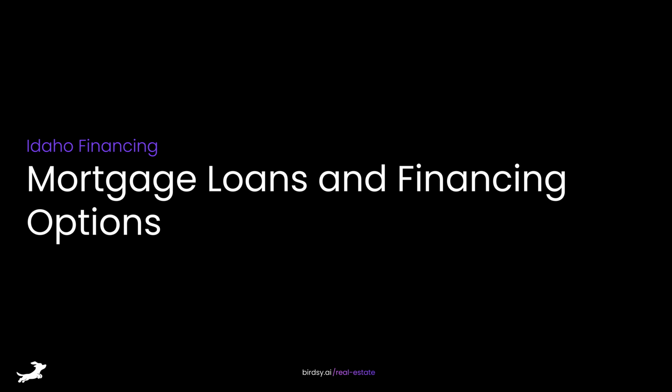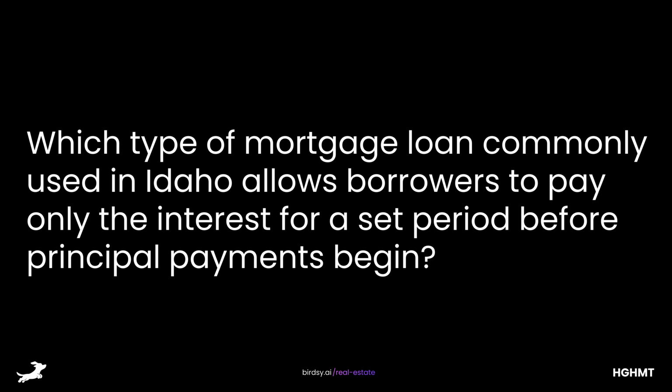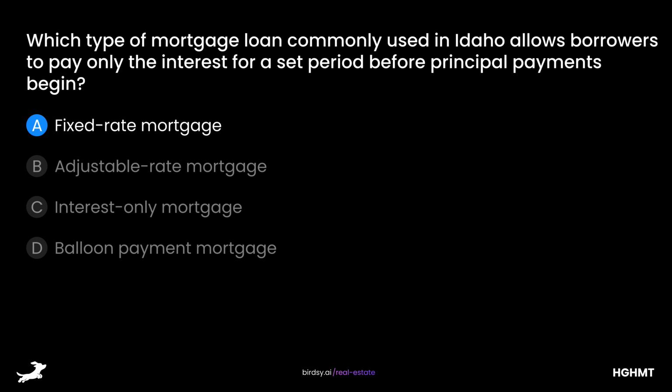Let's continue with a review of Idaho real estate financing. Mortgage loans and financing options. Which type of mortgage loan, commonly used in Idaho, allows borrowers to pay only the interest for a set period before principal payments begin? Is it A, fixed-rate mortgage, B, adjustable rate mortgage, C, interest-only mortgage, or D, balloon payment mortgage?